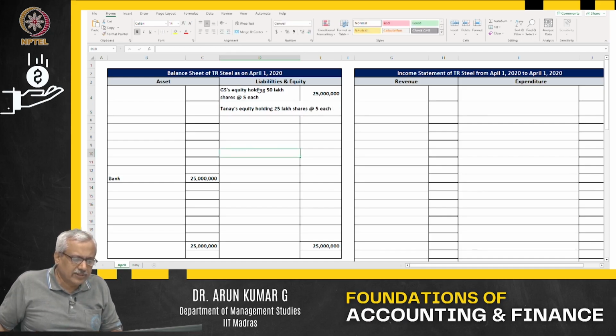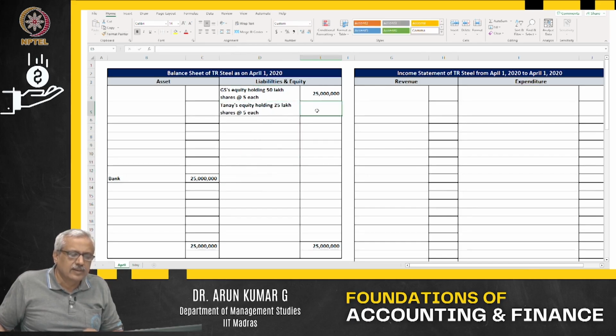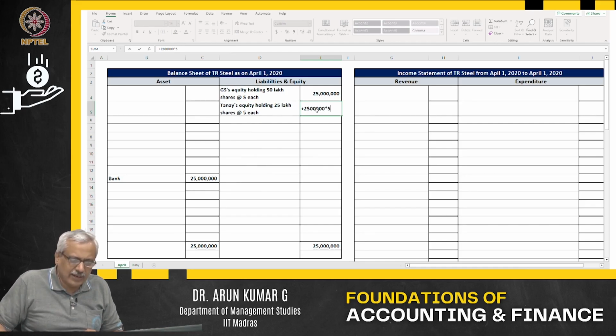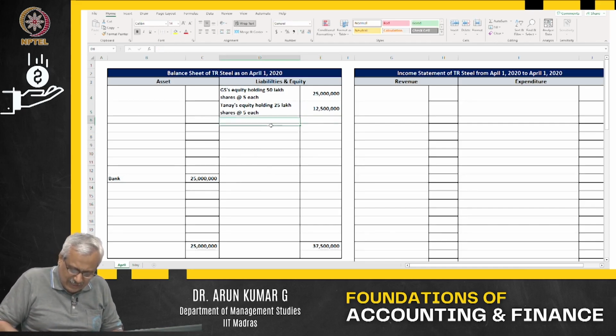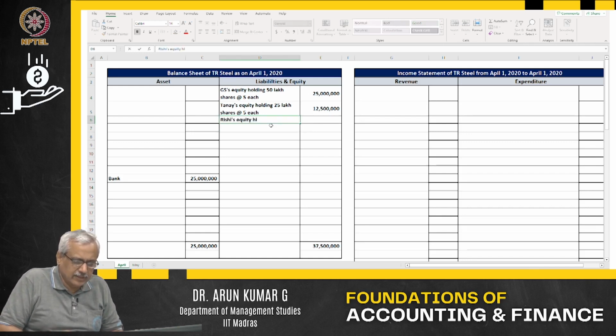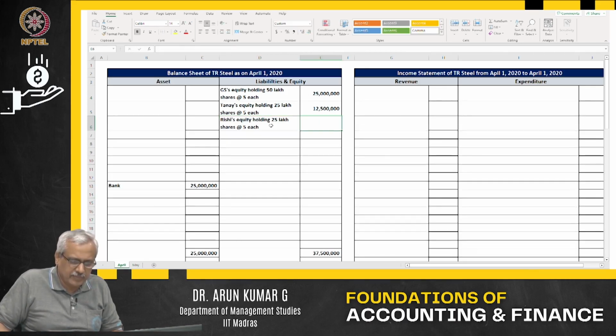I am just going to format the cells. So, what is it? 25 lakh shares at 5 rupees. Yes, 1.25 crore. Rishi is the other guy. Rishi's equity holding, 25 lakh shares at 5 each. Same thing. So, 25 lakh shares at 5 each, that is it.